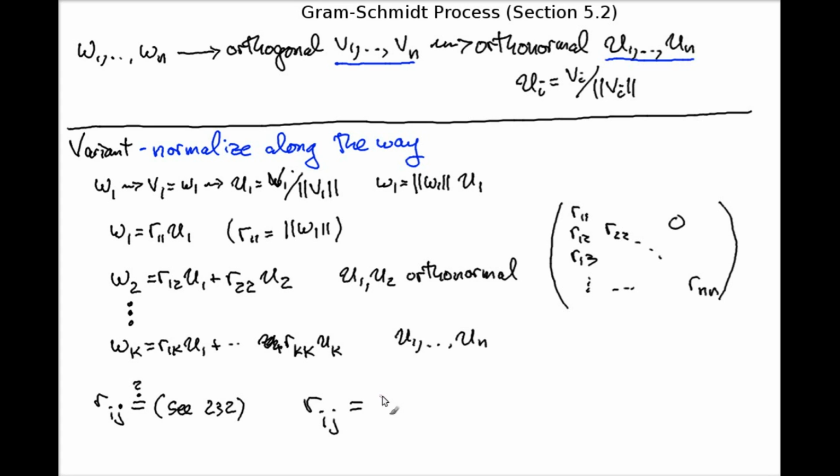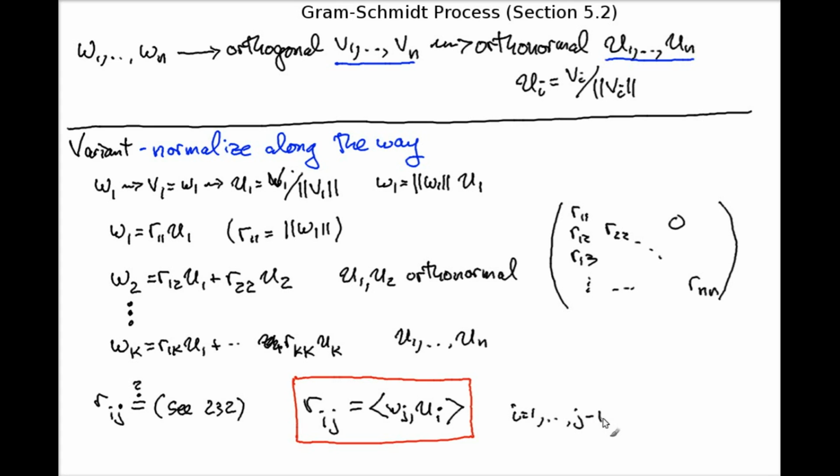It's simply wj paired with ui, for all i running from 1 up to j minus 1.